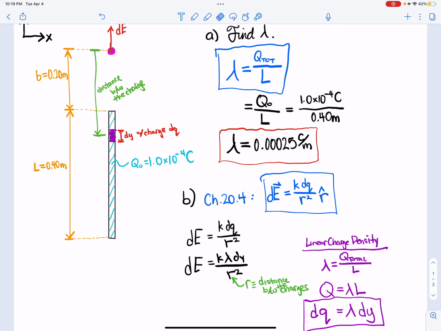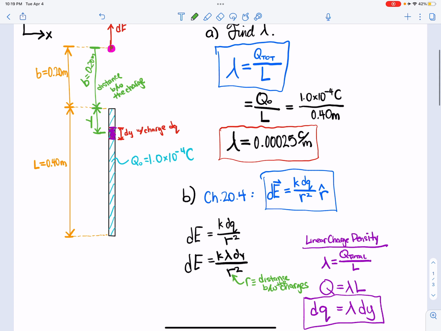But what is that distance? So I could separate that into two, right? This one, we already said b was equal to 0.2 meters. This one we'll call a random variable, we'll call it y. So my distance between the charges, r, is going to equal b plus y.